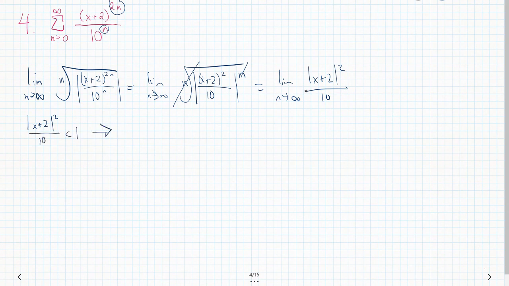Which does imply that we have x plus 2, the quantity squared, is less than 10. Okay, now what do we do? Well, if we want that to be less than 10, let's see how we can rewrite this. Well, first off, in order for this to be less than 10, you could do it one of two ways.